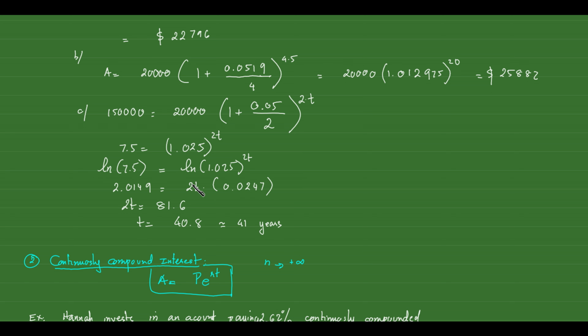But at this time, you just need to hit LN of 7.5 on your calculator. Then LN of 7.5 gives you this, and LN of 1.025 gives you that, and you solve for t and you see that it gives 41 years.